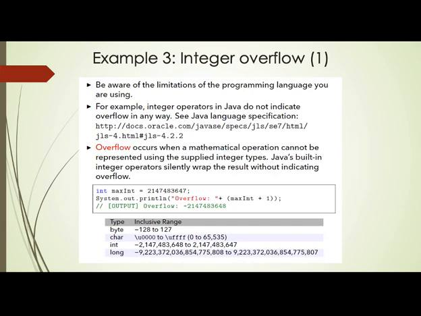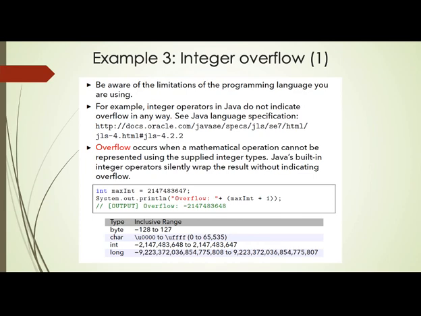The third example can be a particularly nasty one. It's a thing called integer overflow, and what it means is that the value of your integer has surpassed what the operating system or your programming language allows. What's particularly bad about it is that it can be an error that's really hard to notice.